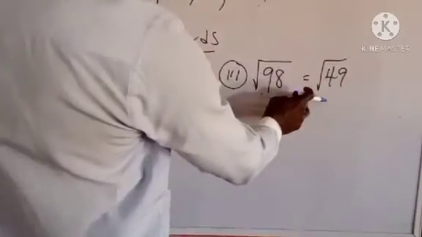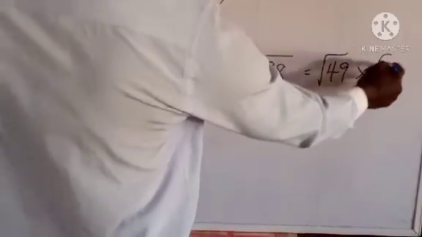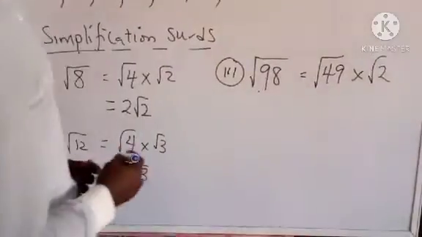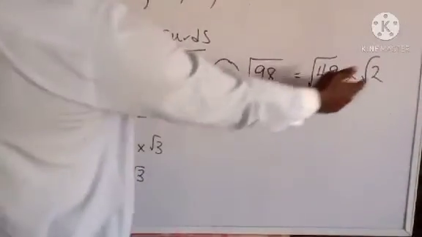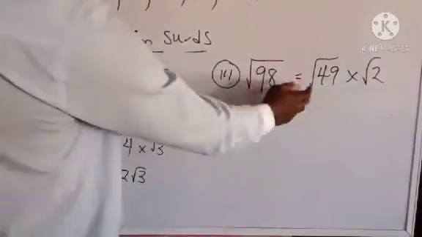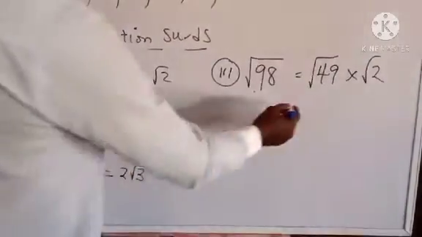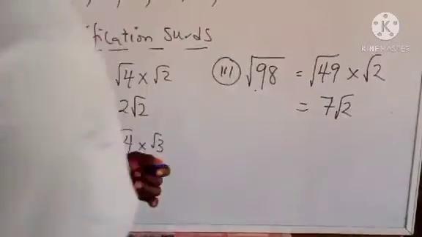And 49 being a perfect square makes root 98 root 49 by root 2. Take note again, I didn't start with 2 before 49, but I'm starting with 49 before 2. So root 98 is the same as root 49 times 2, which when simplified gives 7 root 2.